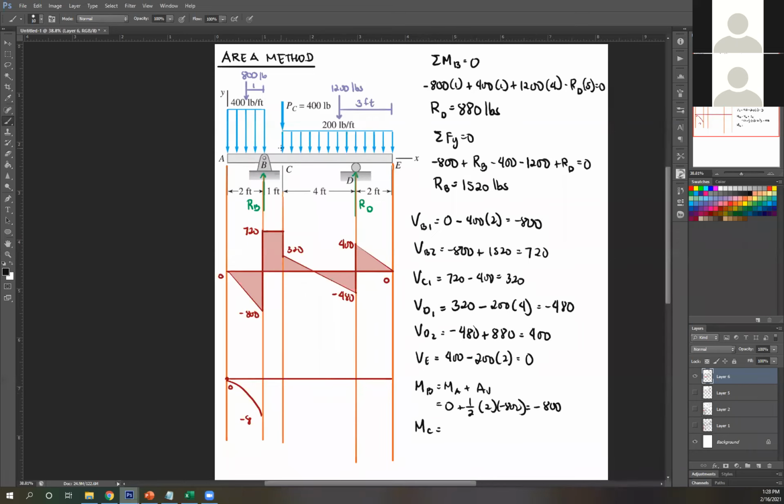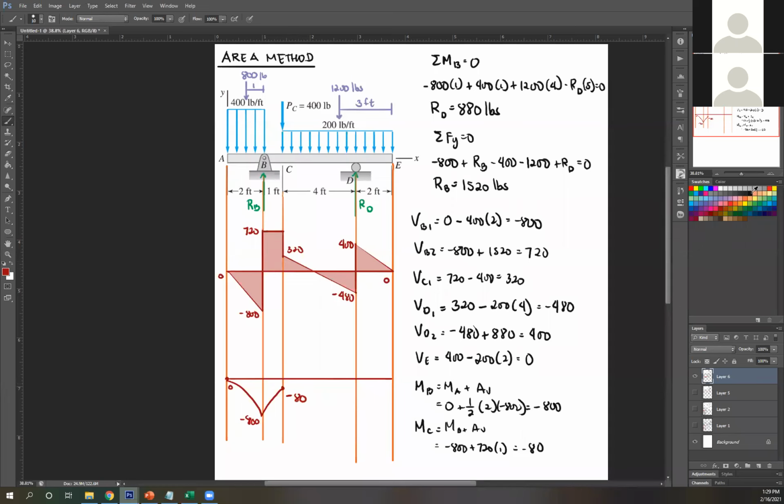MC equals MB plus area. Negative 800 plus the area of the rectangle, 720 times 1, that's negative 80. You're still at the negative, but this is a positive area, so you go on an upward slope. This is your negative 80.